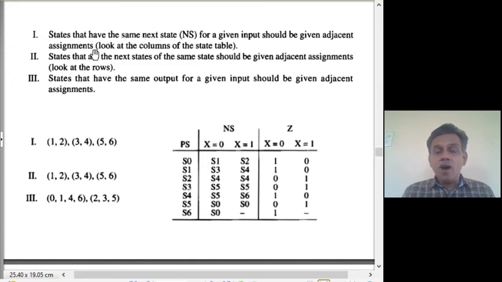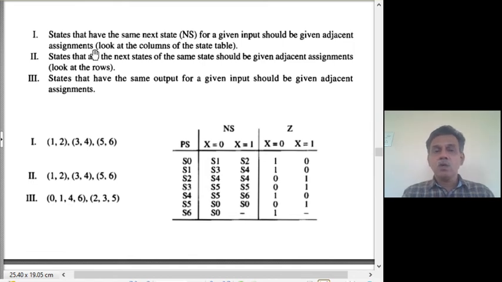So, what we can do is define what is called the Hamming distance between two bit patterns. That is, the number of bits by which they differ. That is a quantity that is very important. Two bit patterns are similar when their Hamming distance is less.